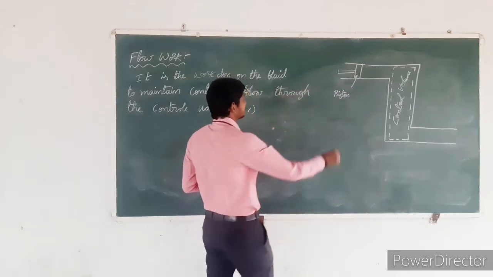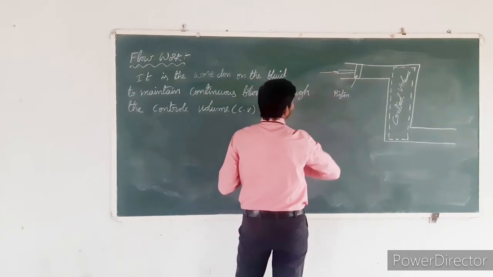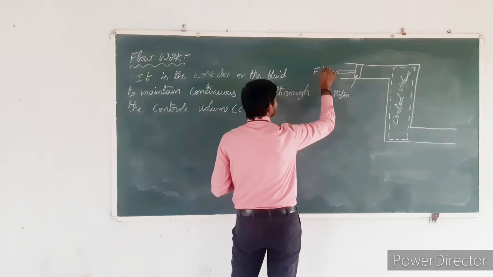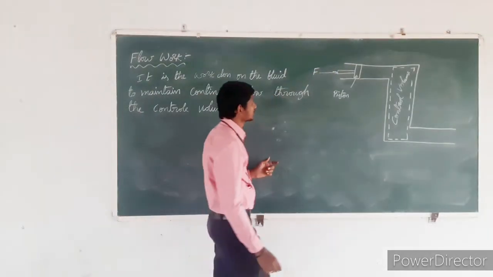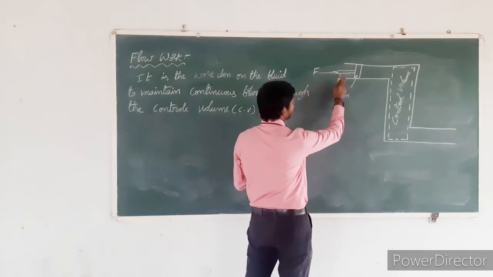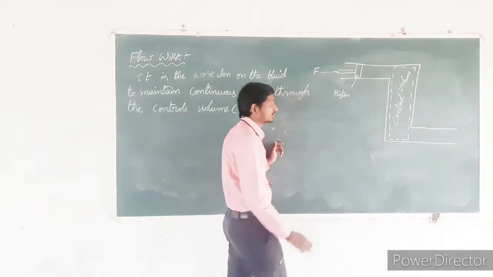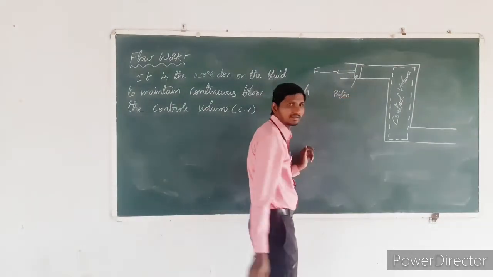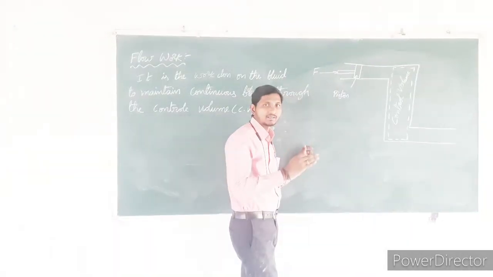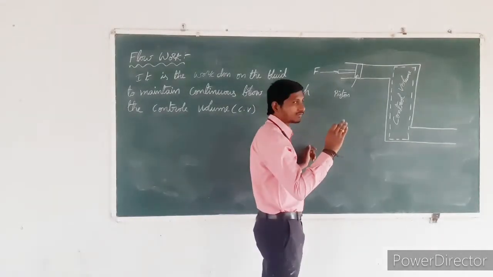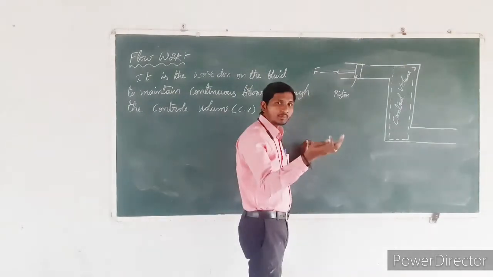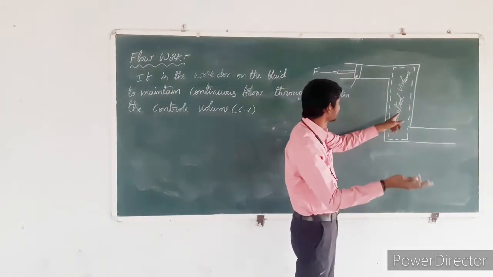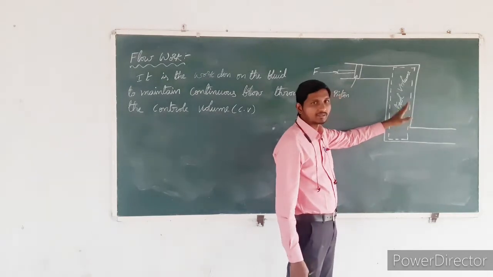I applied force on the connecting rod here. F stands for applied force. By applying the force on the connecting rod of the piston, the piston gets displaced. That means the piston does some work on the fluid particle. It results in some increment in pressure in the control volume.